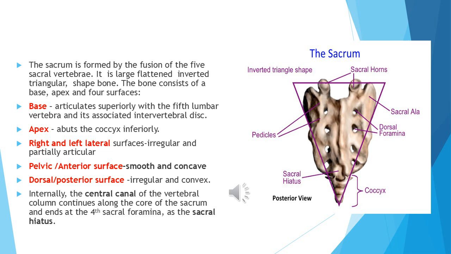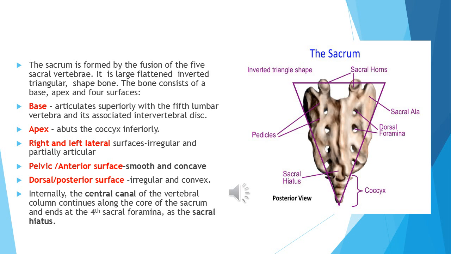The pelvic surface is smooth and concave. It is forming the posterior aspect of your bony pelvis. Then there is the dorsal or posterior surface, which is irregular and convex.